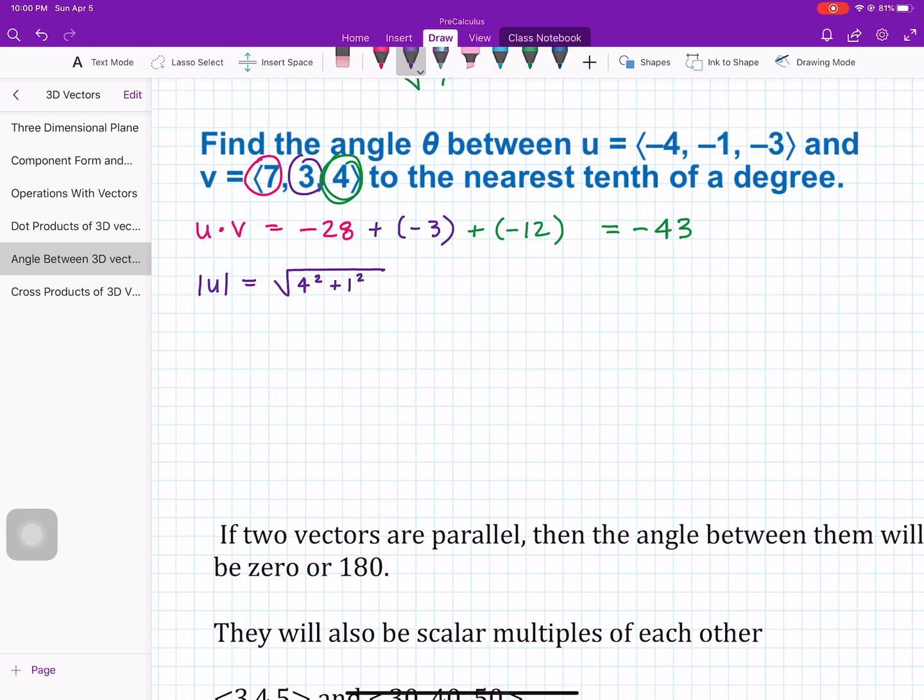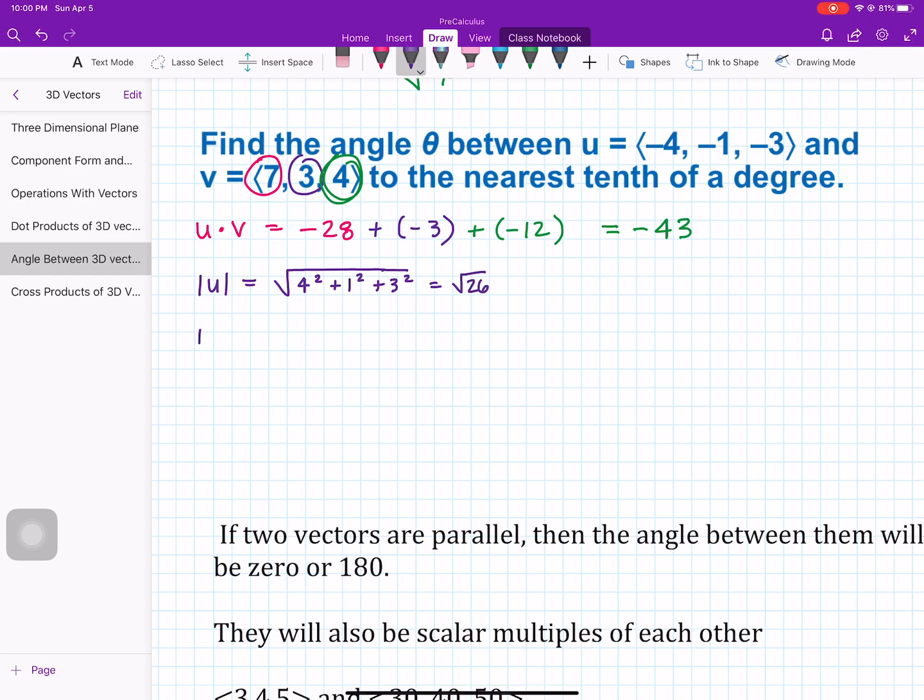So just do 4 squared plus 1 squared plus 3 squared. I find that I make less errors that way. So 4 squared is 16, 1 squared is 1, and 3 squared is 9. So 16 plus 1 plus 9 is 26. So it's the square root of 26.